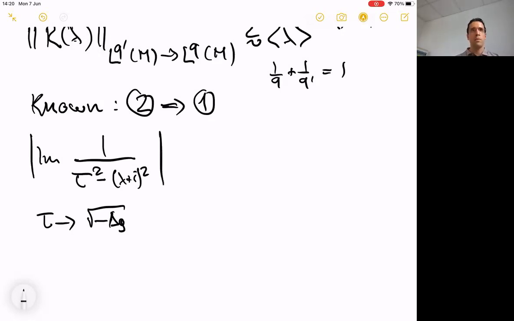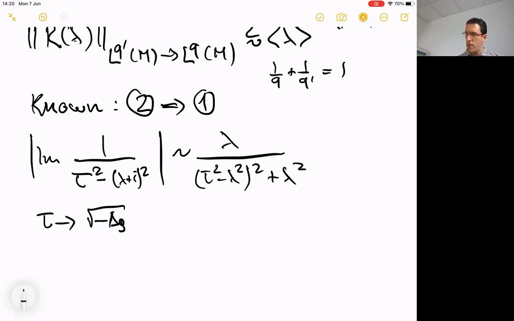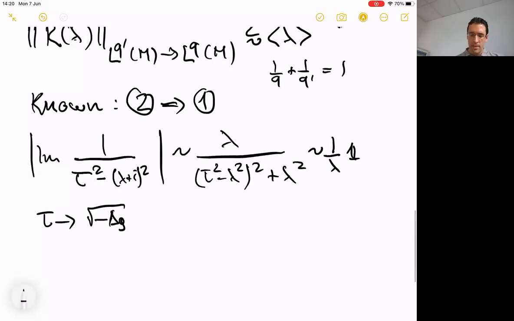So if I can bound the whole resolvent, then in particular, I can bound the imaginary part. And the imaginary part is just about, if you do the arithmetic here, lambda divided by tau squared minus lambda squared plus lambda squared. And so this is approximately 1 over lambda if tau is between lambda and lambda plus 1, right? Then this factor is of the same magnitude as this factor.